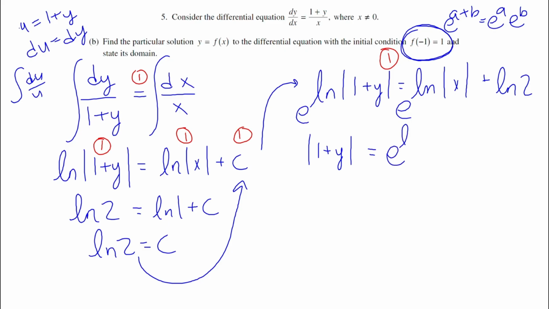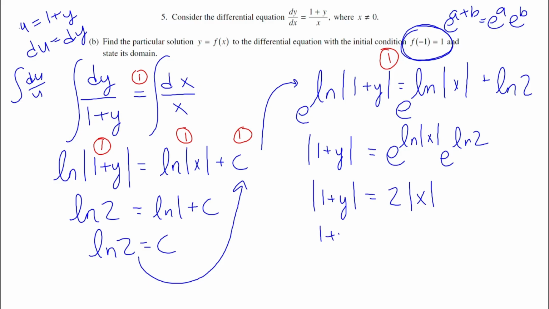So this is e to the natural log absolute value of x times e to the natural log of 2. Well, we know that e to the ln of anything is just the thing. So really what we end up with here is the absolute value of 1 plus y is equal to 2 absolute value of x.